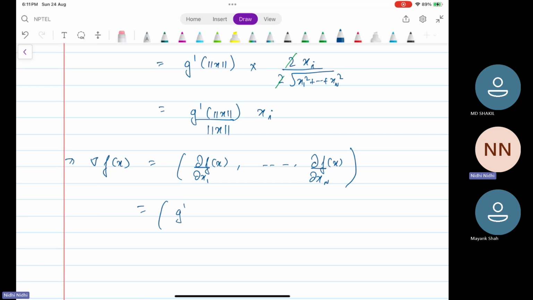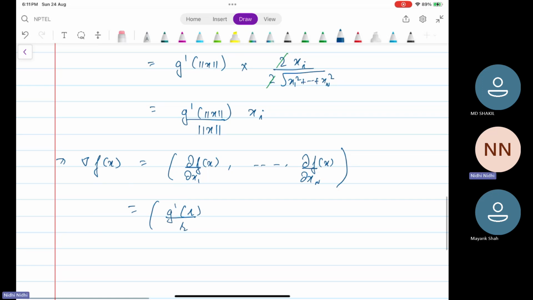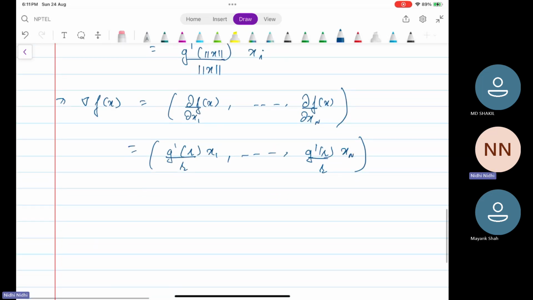Now if I replace norm x by r, this will be g dash r by r x1, and so on up to g dash r by r xn. That's what we want. So we can take this g dash r by r outside and we'll be left with x. Gradient f x.